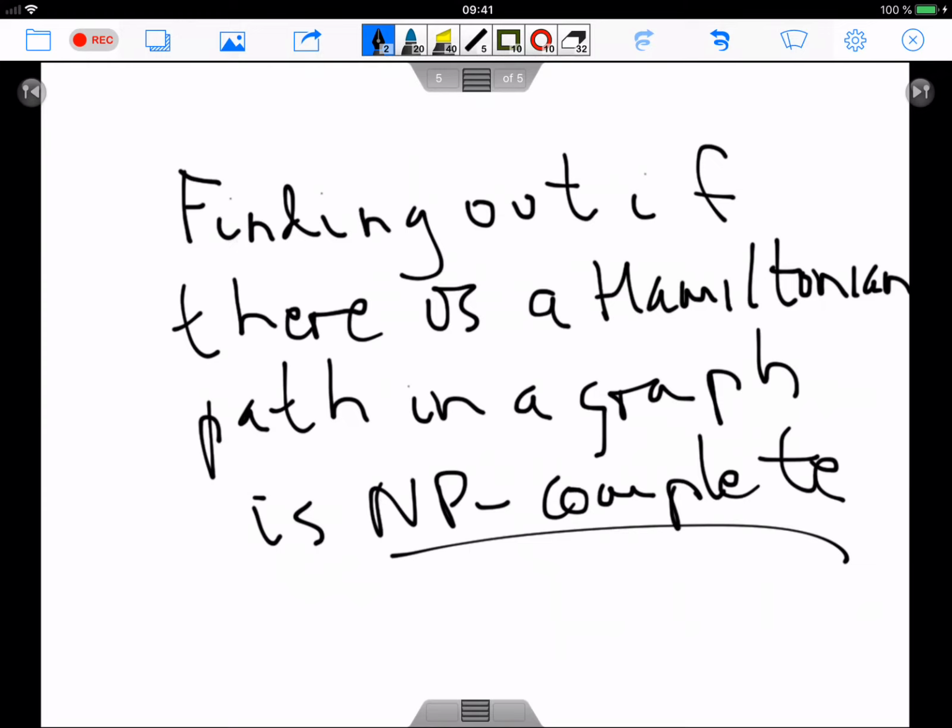The result that finding out if a graph has a Hamiltonian path is NP complete is for all graphs, for any kind of graph. But if I restrict the input to families of graphs, then the situation can be easier.